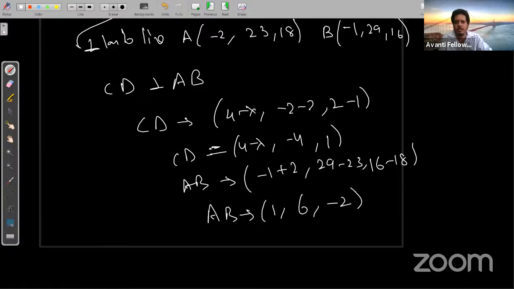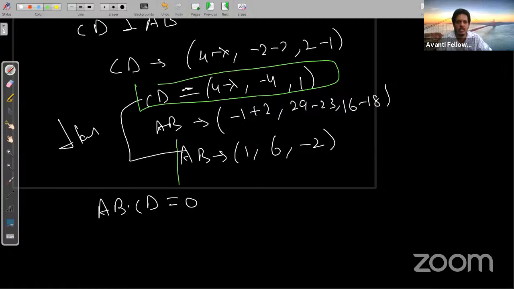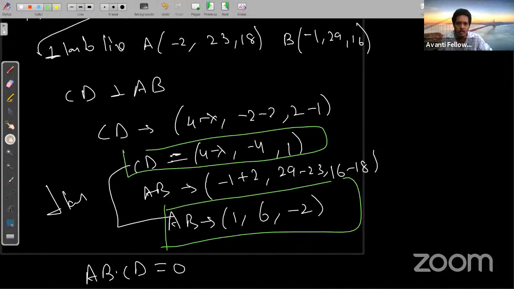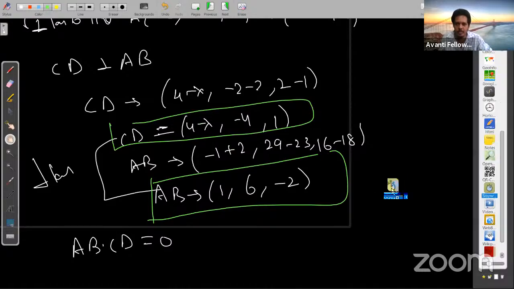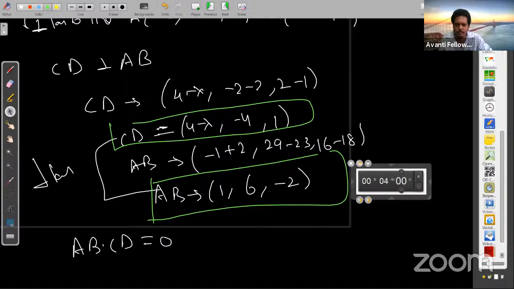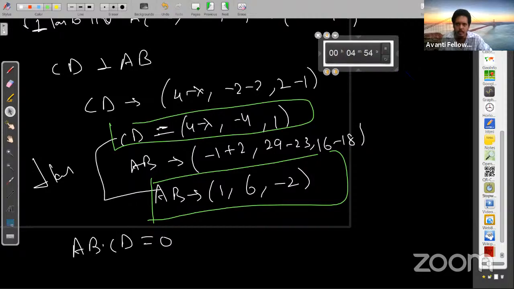So this vector AB is perpendicular to CD. He is saying vector AB is perpendicular to CD, so AB dot CD is equal to 0. If you do the dot product for both, what is the value of lambda you are going to get? Come on, try to give me the answer, guys. Try to do the dot product and give me the answer.